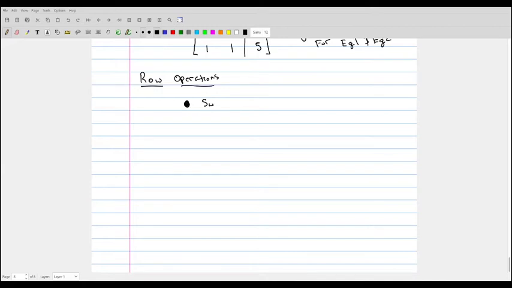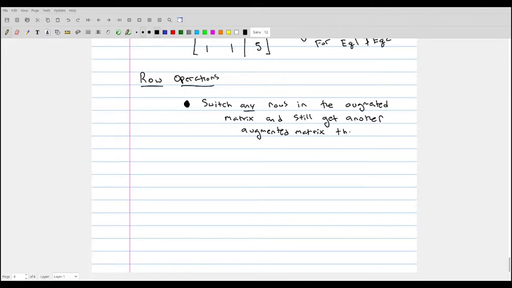We can switch any rows in the augmented matrix and still get another augmented matrix, because it will be different, but it represents the original system.